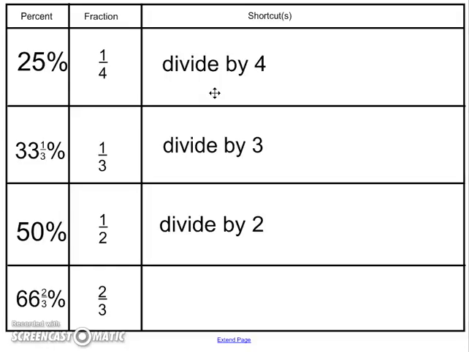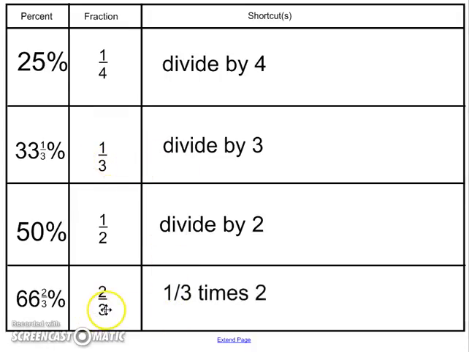And we can also take some of these ideas, these 3 ideas specifically, and find other ones. For example, 66 2/3. Well, it might be a little bit harder to work with 2/3, but realizing that 2/3 is twice as large as 1/3, 66 2/3 is twice as large as 1/3. I can divide by 3 and find a third and then double it.